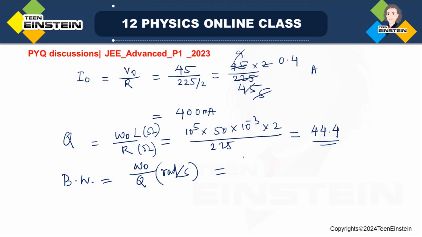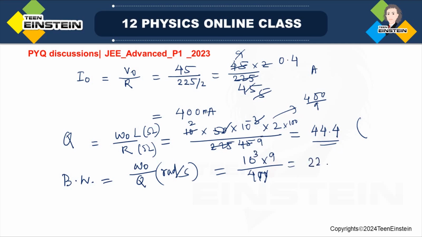You can now write down this 10 to the power 5 and this quality factor. In between this calculation you will get the factor 400 divided by 9. Let us write this here, that will help you find this value and make your calculation easy. So 9 here. Ultimately if you do this calculation, you will get 2250, and this will be radian per second.